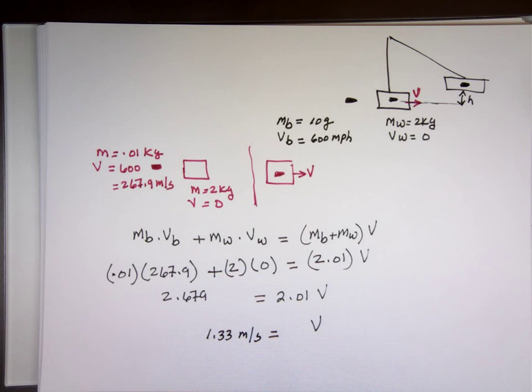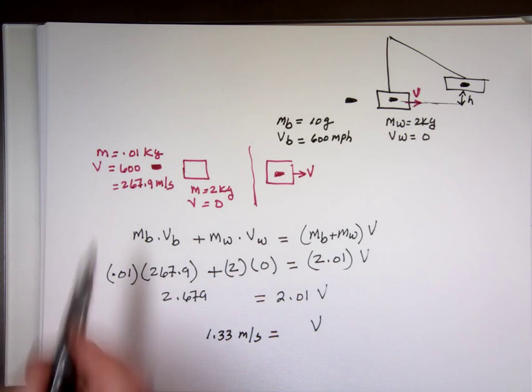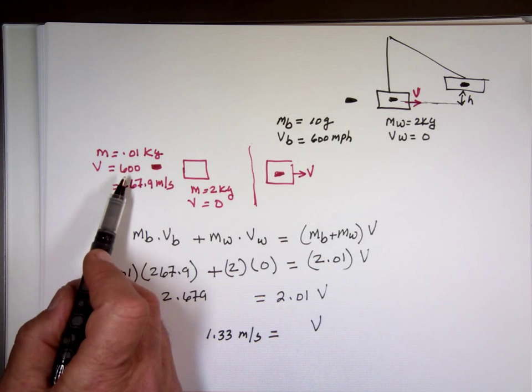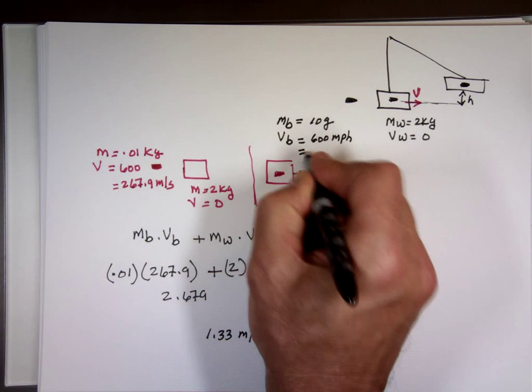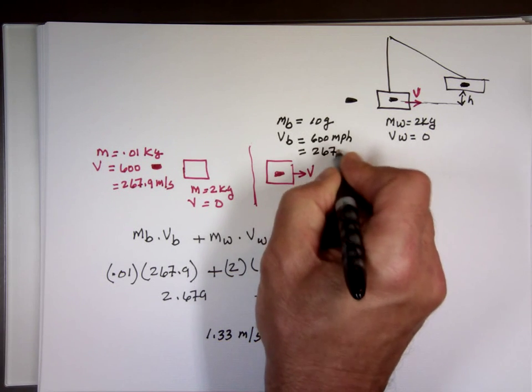Yes? Why are you using 267.9 for the velocity instead of 600? Because that's in miles per hour. So that's equivalent to 267.9 meters per second.